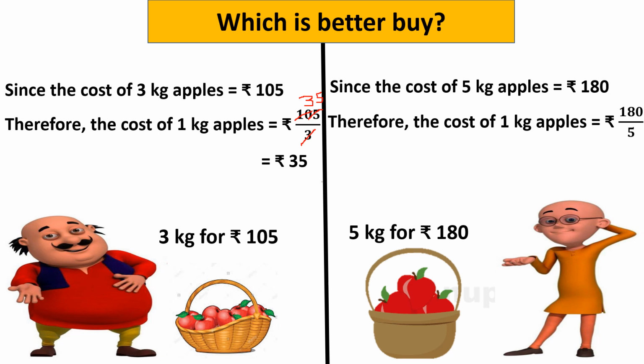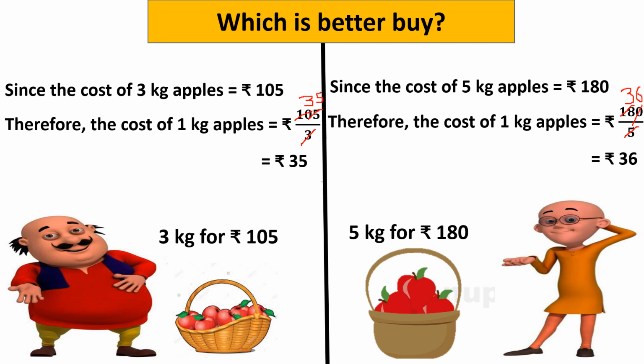Now divide 180 by 5, and it is very simple. 5 ones are 5, and here 5 threes are 15 and 5 sixes are 30. It means rupees 36. Patlu purchased apple at the rate of 36 rupees per kilogram.